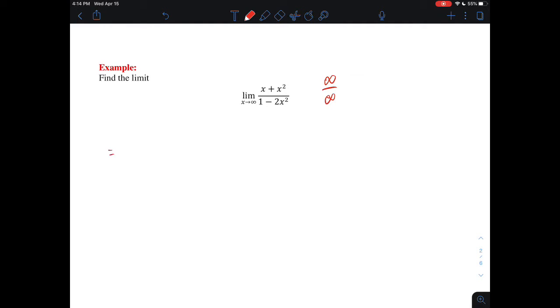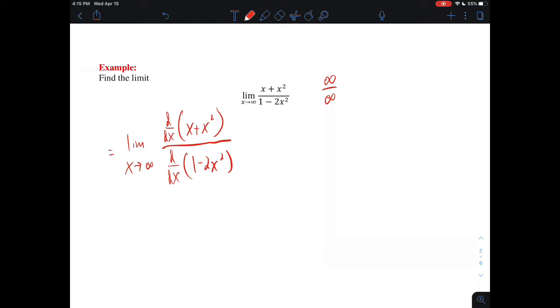So this limit is going to be equal to the limit as x approaches infinity of, now I need to take the derivative with respect to x of the numerator, and then divide by the derivative with respect to x of the denominator. Notice this is not the quotient rule. This is just taking the derivative of the top and then taking the derivative of the bottom.